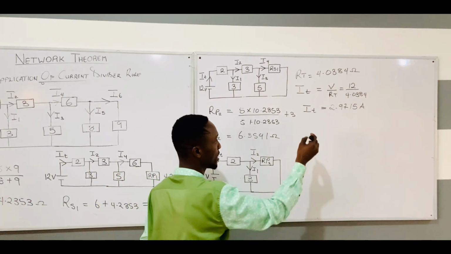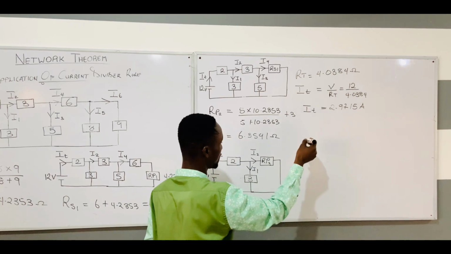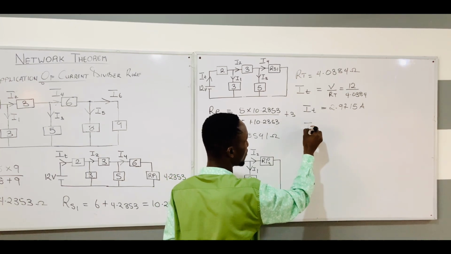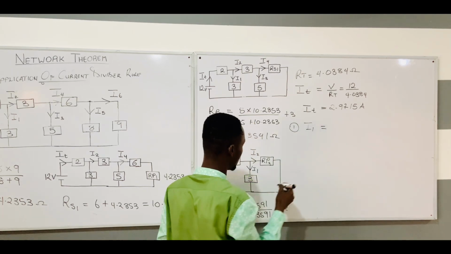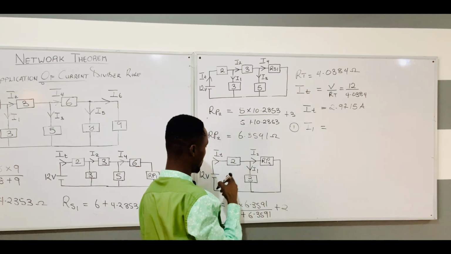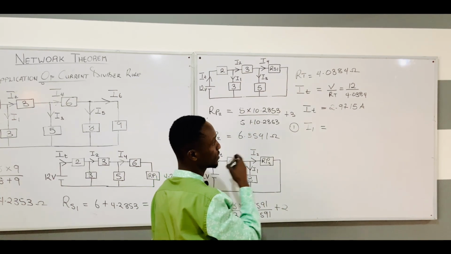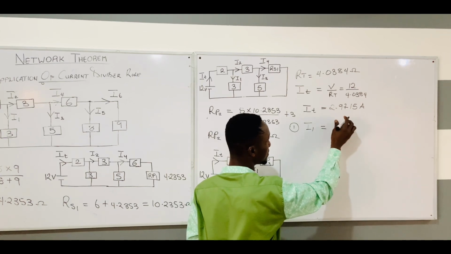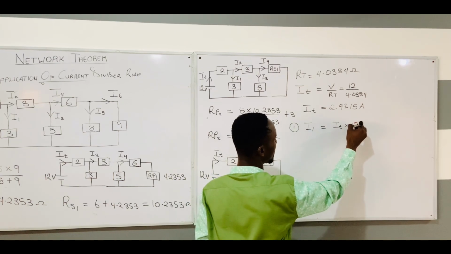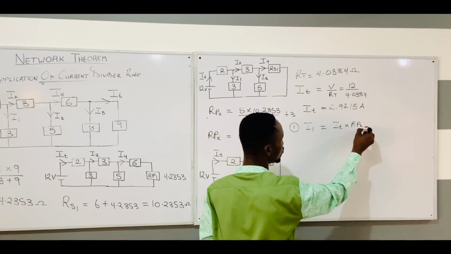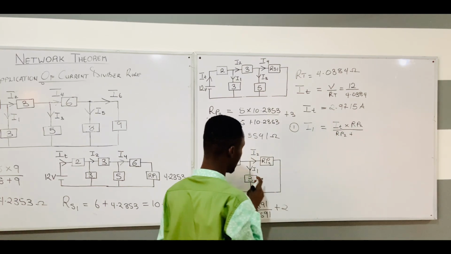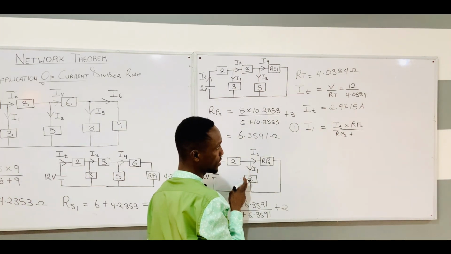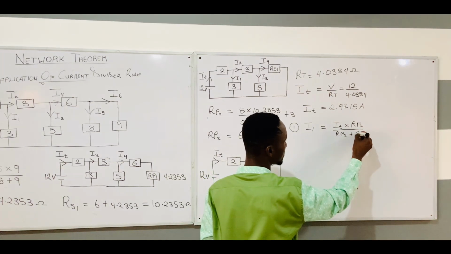So from the current divider rule, I can find the value of, let's say, I1. So my I1 equals the opposite resistor times the total current. So I have my IT times my RP2 all over RP2 plus this value. Since I've not labeled this resistor, let me just add it here, 3.